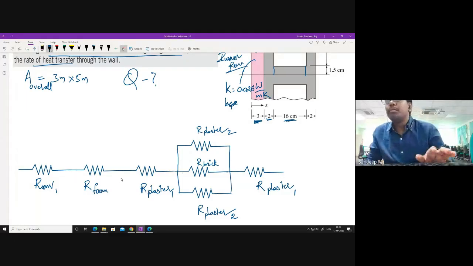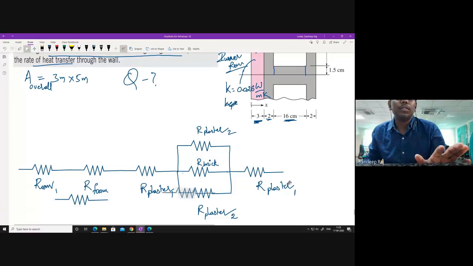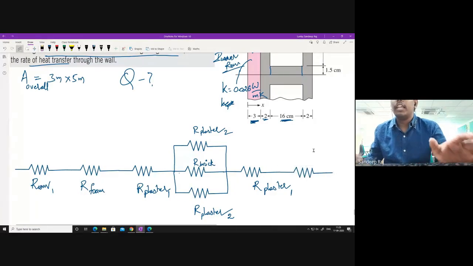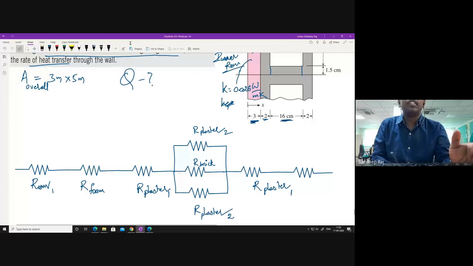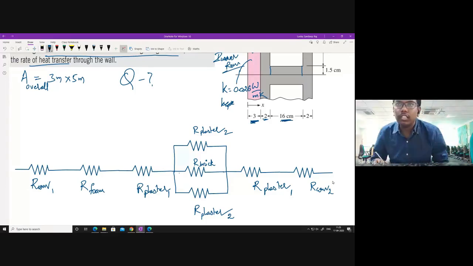And you will have one more resistance, that is the resistance due to the convection on the other side. So these are all the resistances that are prevailing in your case, and convection too. If you can find out these resistances, you can get the Q value.